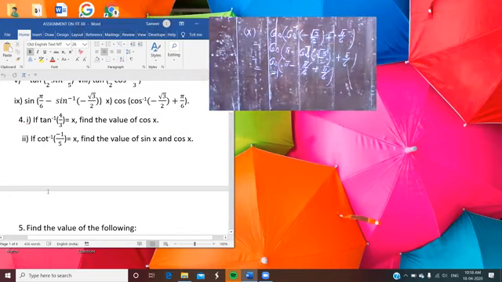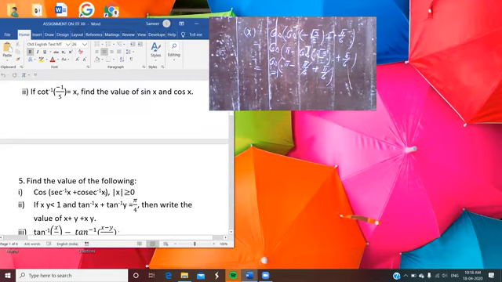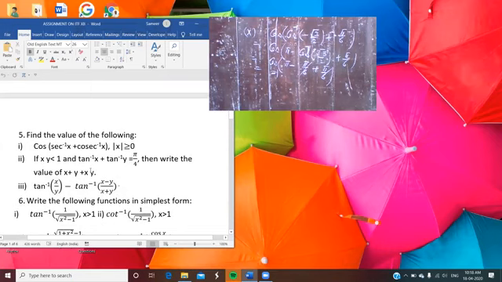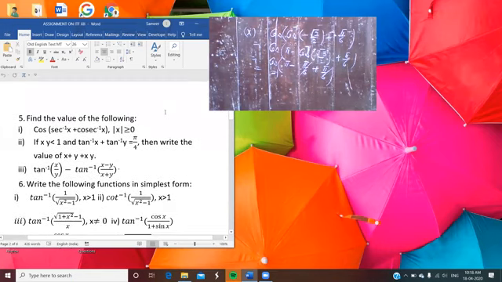In the same way, the fifth question. Here you also have to find the value of the following. In the first part, it is given cos of sec inverse x plus cosec inverse x, with mod of x greater than or equal to 1.